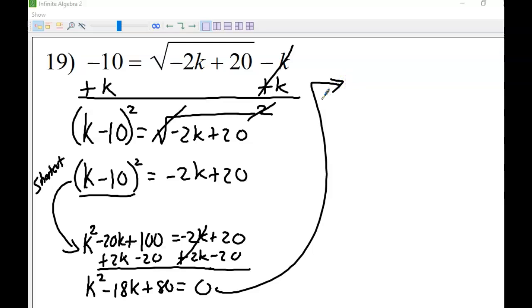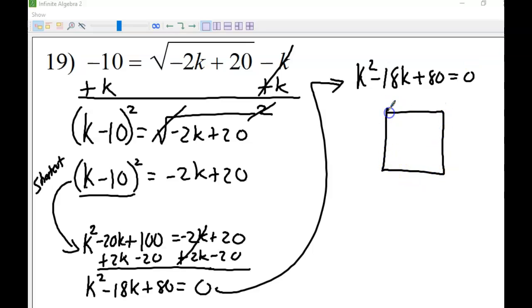All right, I'm going to go ahead and take our quadratic expression now, and we're going to factor. So it makes 80, 10 and 8, if they're both negative. And we want to make sure these add up to make the middle, which they do.